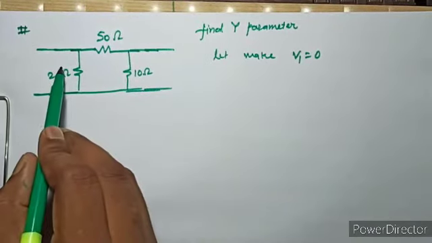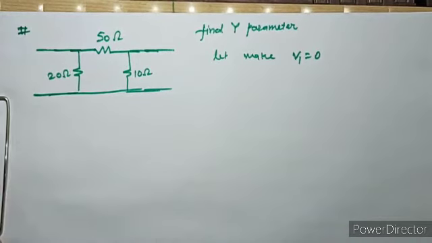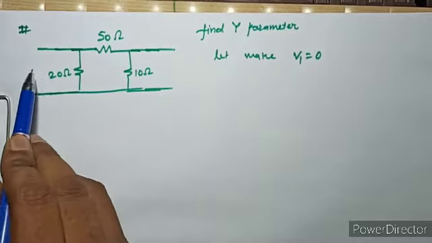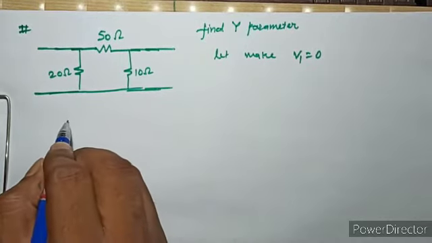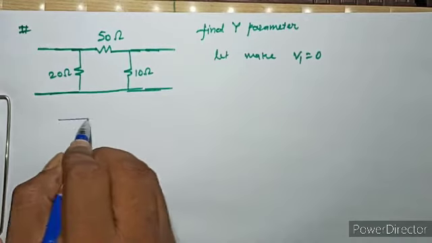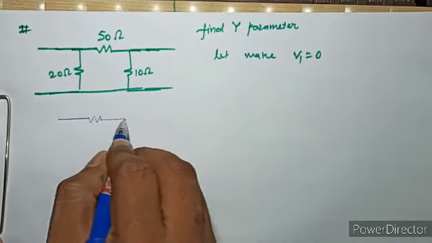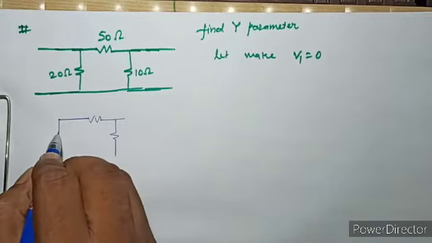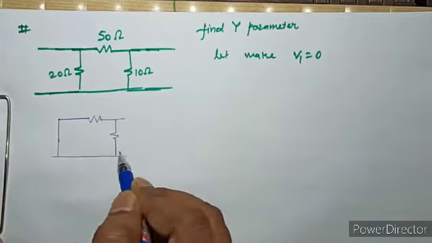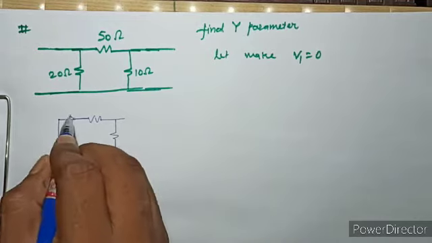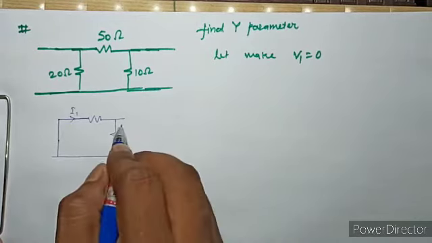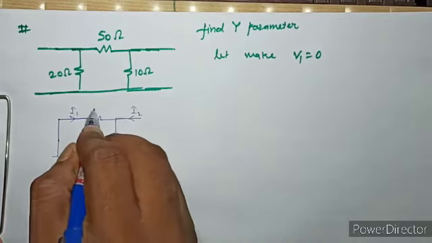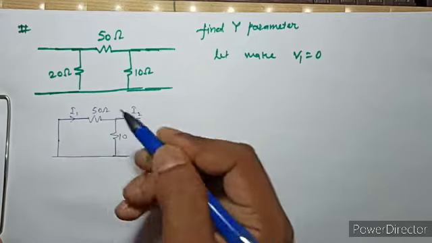If I short circuit this terminal, the circuit becomes like this. This will be a short circuit, so no current will flow. This will be I1, this will be our I2, this will be our 10 ohm, and this is 50 ohm.